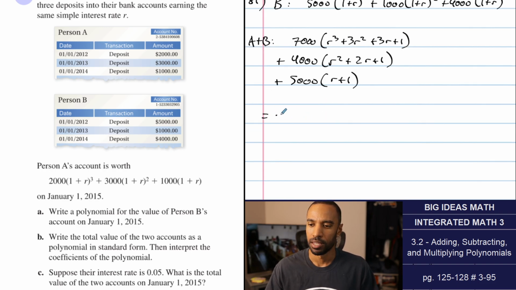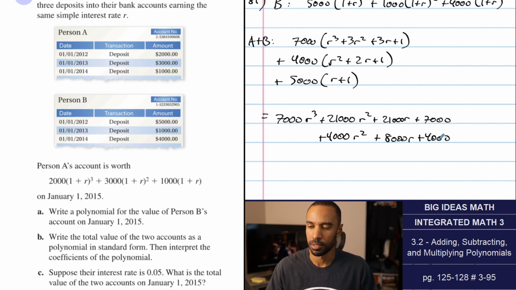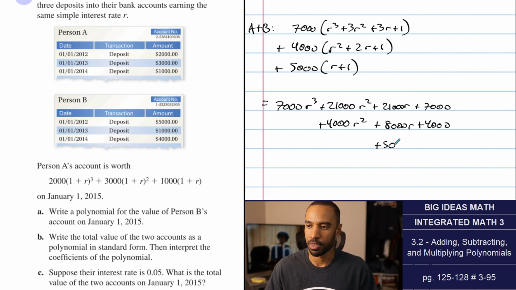So this will be 7,000 r cubed plus 21,000 r squared plus 21,000 r plus 7,000. I hope you can see that here, 21,000. Plus I got 4,000 r squared plus 8,000 r plus 4,000, and then plus 5,000 r plus 5,000.